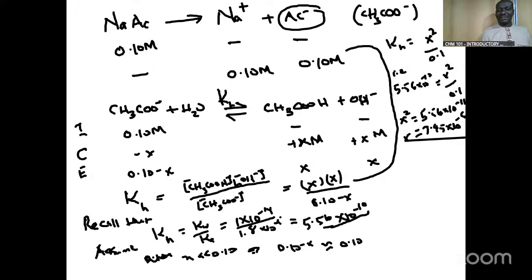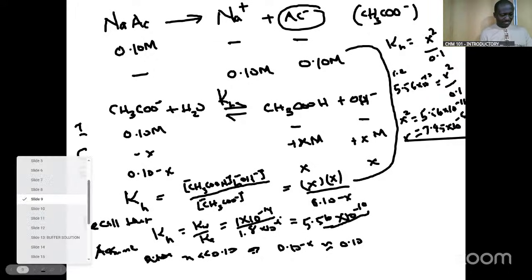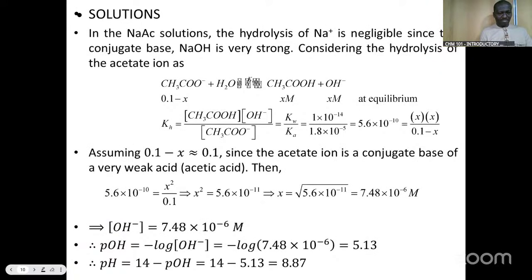Now, that is the hydroxide ion concentration in this solution. Now let's make progress. That is what I've just explained here, as you can see, that's what is being displayed for you. It's something I've just solved now. So we have 7.45 times 10 to the power of minus 6.